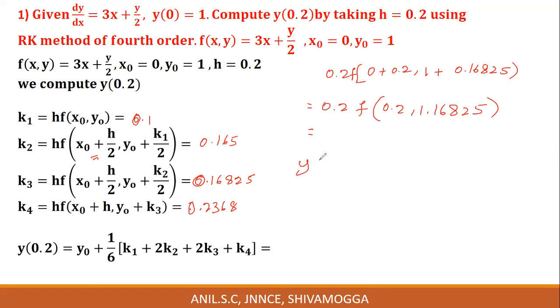Therefore, y of x1, that is y of 0.2, is equal to y naught plus 1 by 6 into k1 plus 2k2 plus 2k3 plus k4. You have all the four components along with this y naught. Make this substitution and simplify.